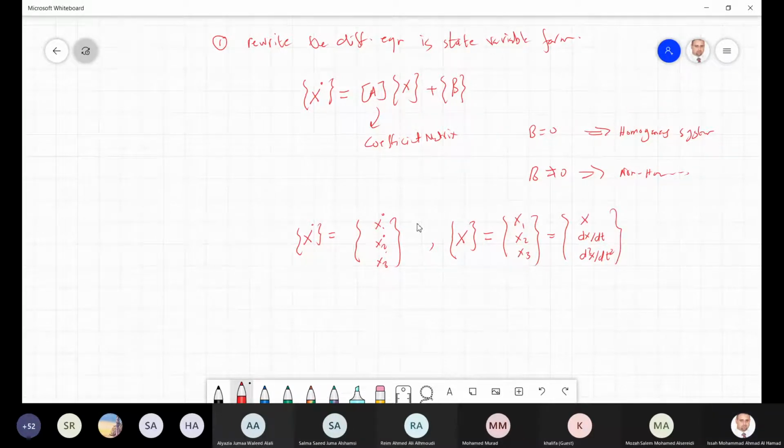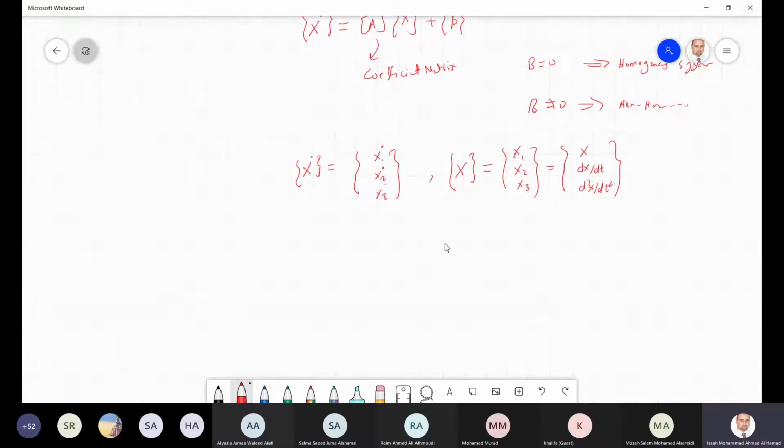Okay? Now this means, by definition, x1 equals x, so x dot equals dx by dt.